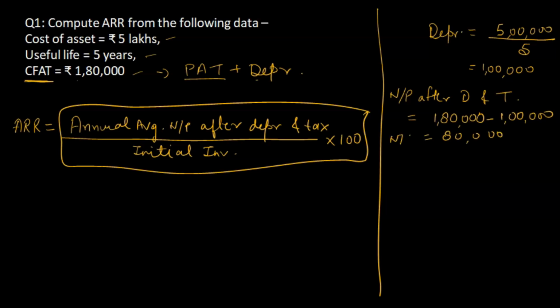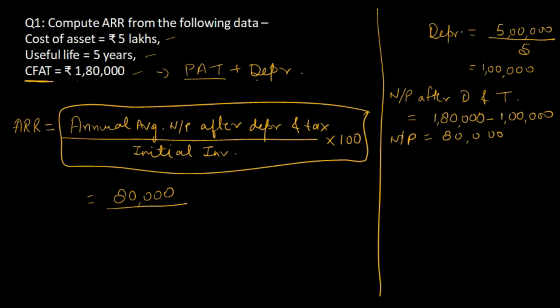This we will keep in the numerator. I hope it is clear. Average we don't need to find out, because for 5 years they have given profit only once. If they have given profit every year, that we'll see in the next question. So first let's see this question.